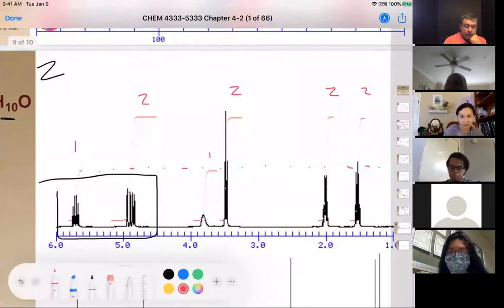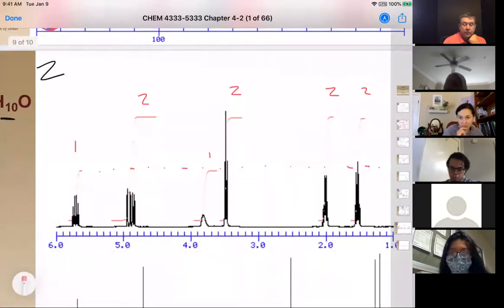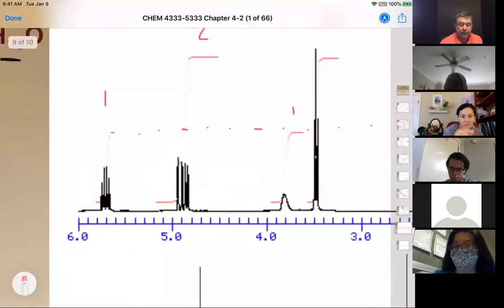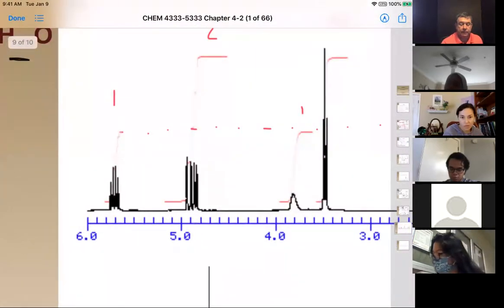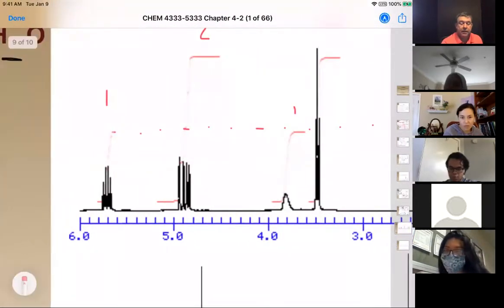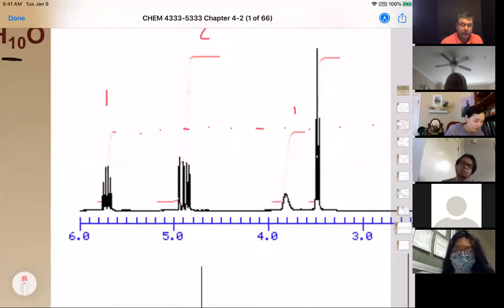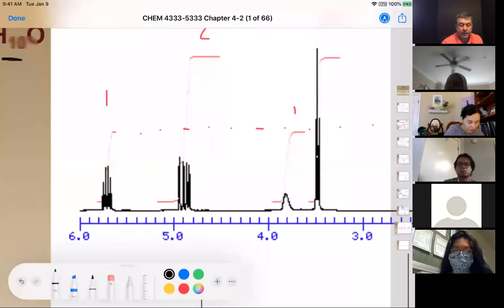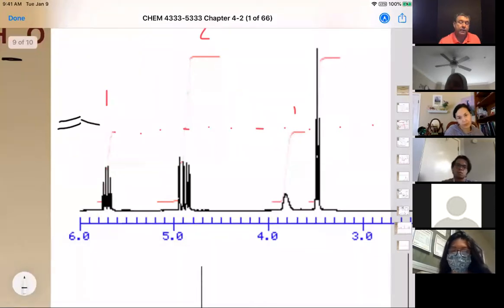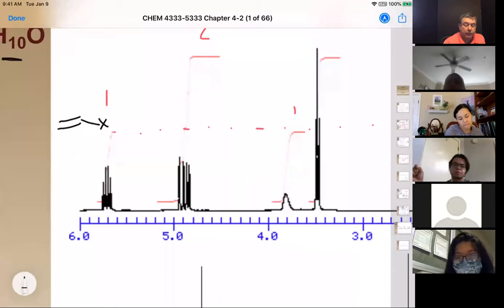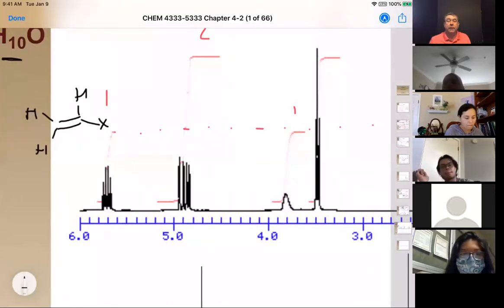That being said, we must have a terminal alkene, because we have a 2, a 1 in the alkene range, which means we have this fragment right here, with something hooked onto it. So we have one hydrogen here and the two other hydrogens here, and they're hooked to alkenes. So that fragment is really obvious there.